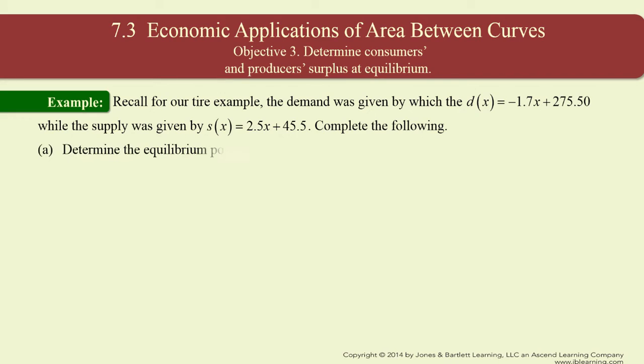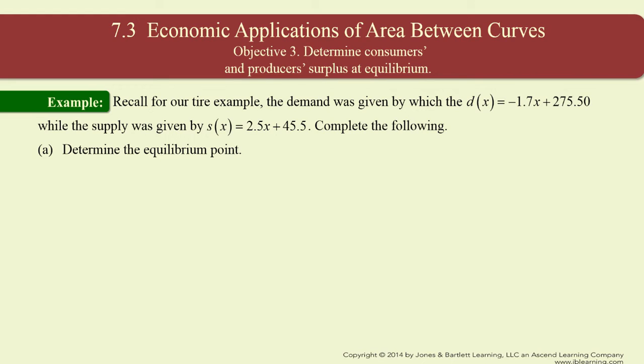Here we're going to do two things. In part A, we're going to determine the equilibrium point, where demand intersects supply, where demand is equal to supply. Keep in mind, the x-coordinate will be equilibrium demand and the y-coordinate will be equilibrium price.